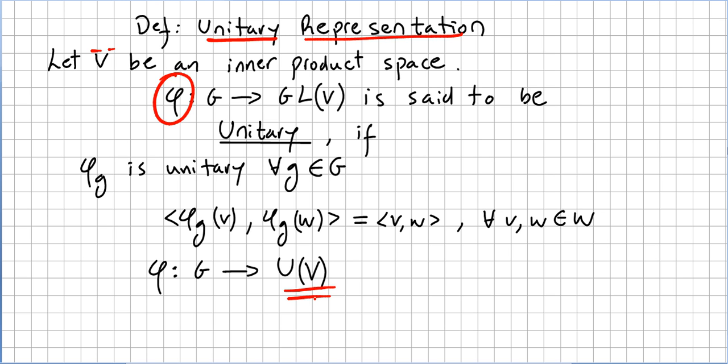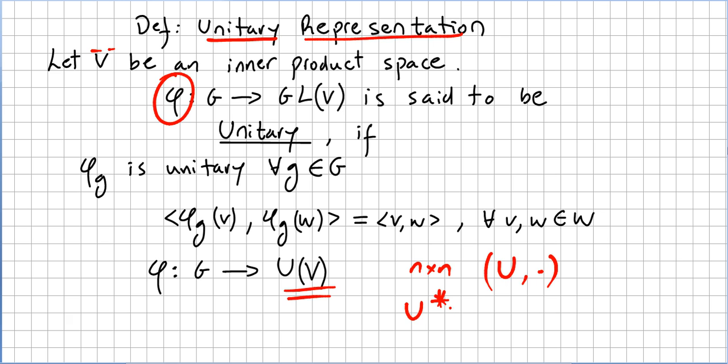So for all integers n, the set of n by n unitary matrices under matrix multiplication forms a group, and this group is called the unitary group, where all matrices are unitary.